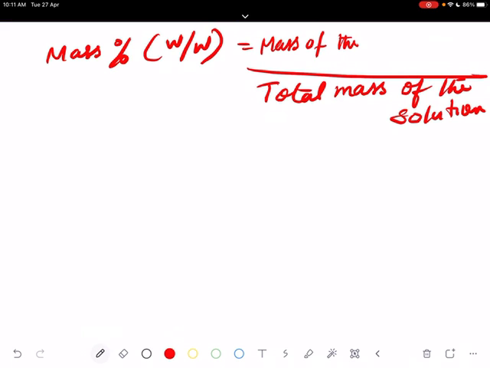Mass of the component upon total mass of the solution into 100.